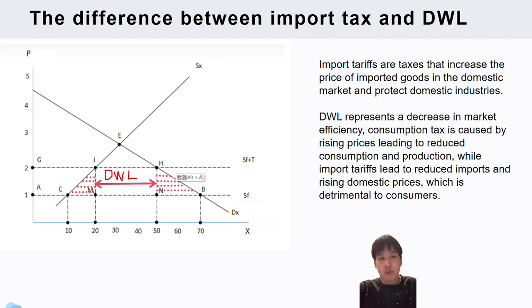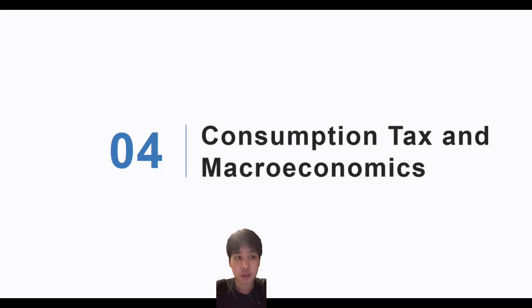In question 2, DWL also represents the decrease in the market, but for a different reason. This is because import duties reduce imports, resulting in fewer goods on the market, in addition causing the domestic price to increase. The next part is the consumption tax and the market economy.